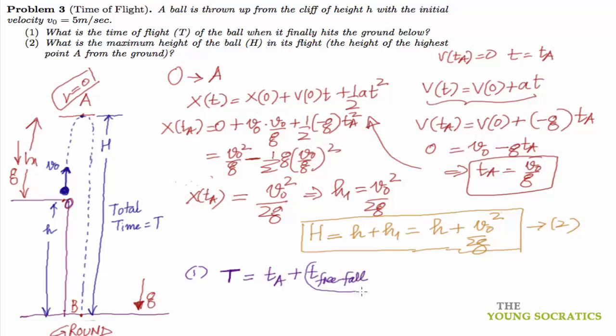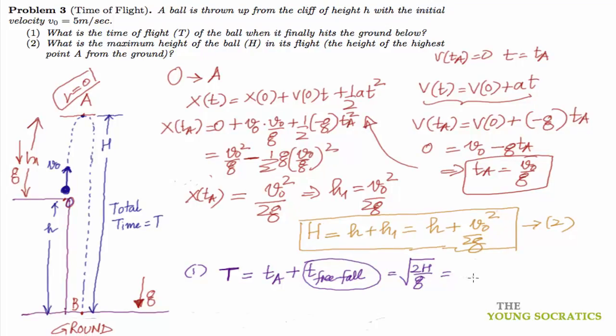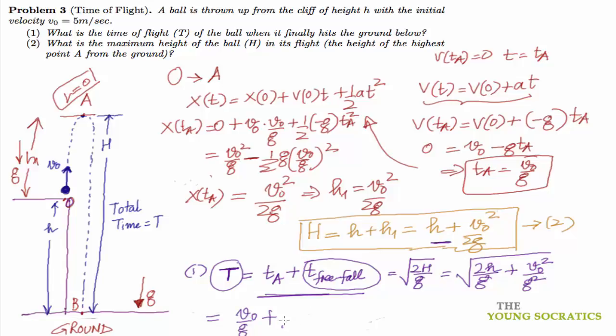Now we already computed t free fall in the class, and that is equal to the square root of 2H over g, and H we have already found from this equation, so it will be the square root of 2 times h plus v0 square over 2g, over g. So now substituting the value of t free fall in this whole equation to get the total time t, we get ta, which is v0 over g, plus t free fall. So that is the answer to part 1.